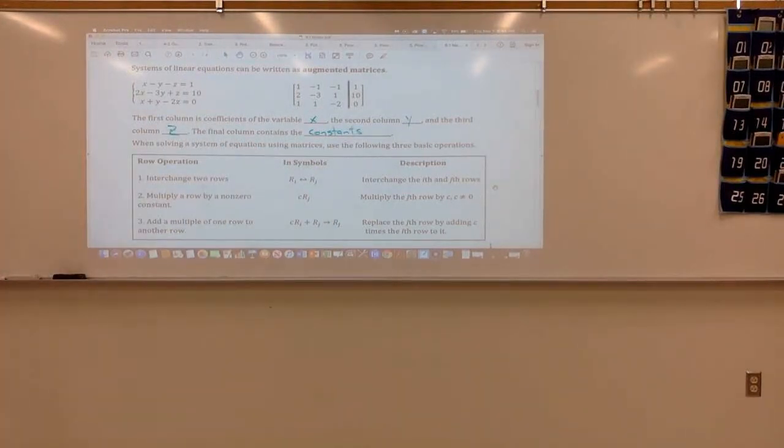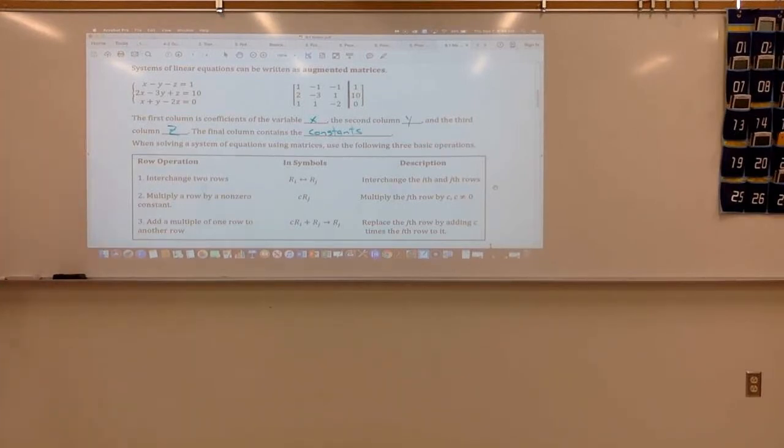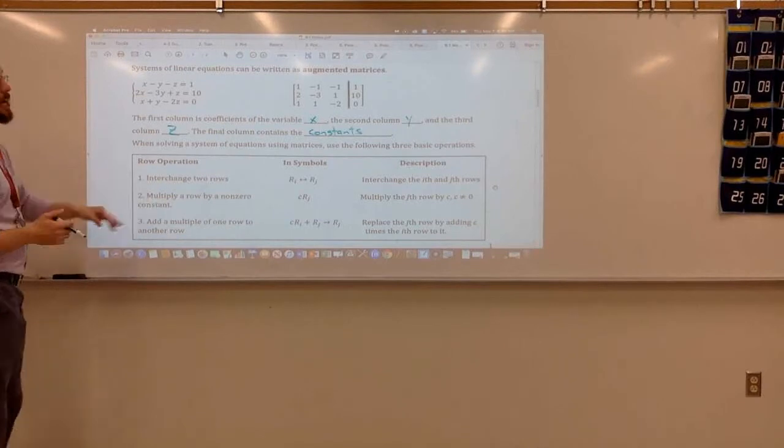To solve a matrix like this, we're essentially going to be doing the same thing that we did in the last chapter. We're just going to organize it differently, and hopefully this organization will allow us to do these problems quicker. These are the operations that we can do.